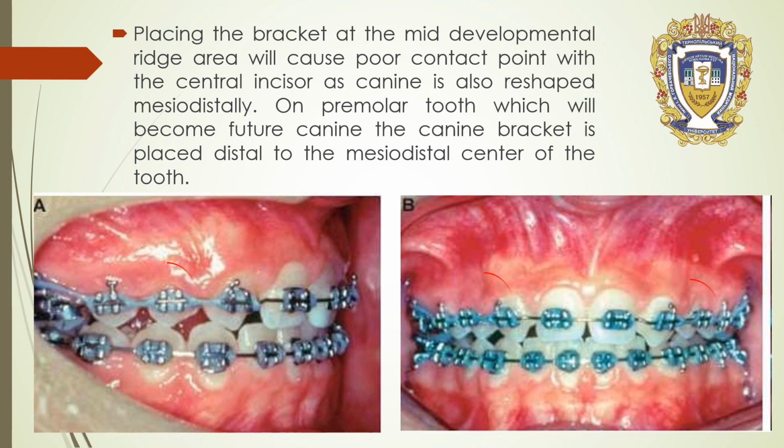Placing the bracket at the mid-developmental ridge area will cause a poor contact point with the central incisor, as canines are also reshaped mesiodistally.